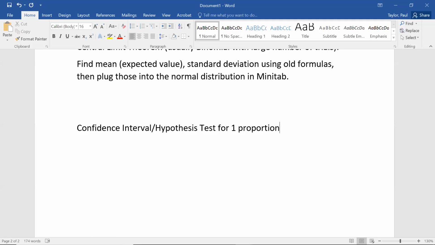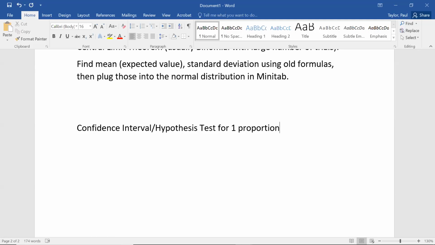Based on that data, we could find a confidence interval, which is a range of numbers where we think the true proportion is. We know what the proportion of successes was in our sample. We can turn that into a guess of where the proportion might be for everything.